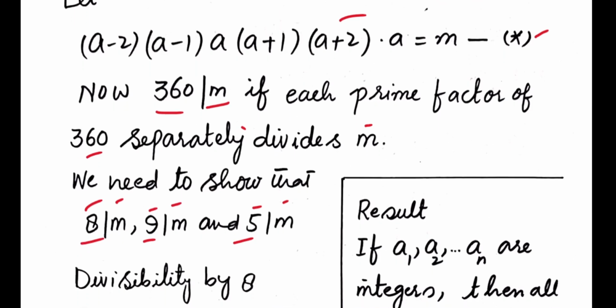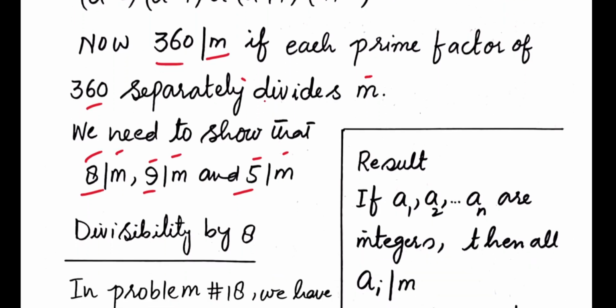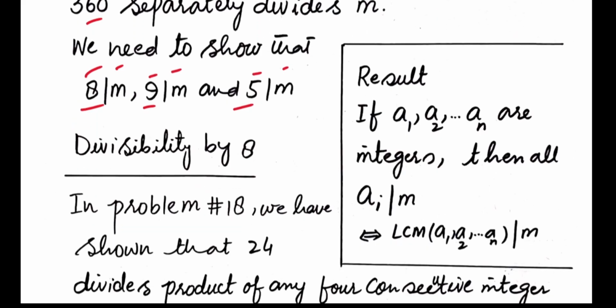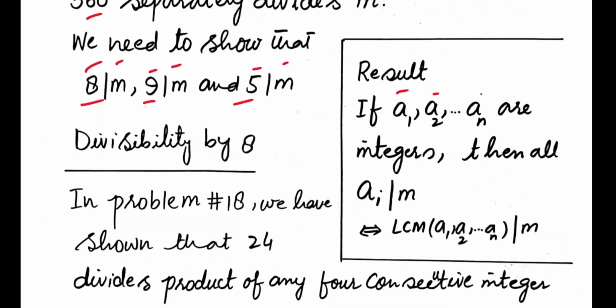Actually, this is not different from the corollary. We have a general result. If a1, a2, up to an are some n integers, then all ai divide m if and only if their LCM divides m.